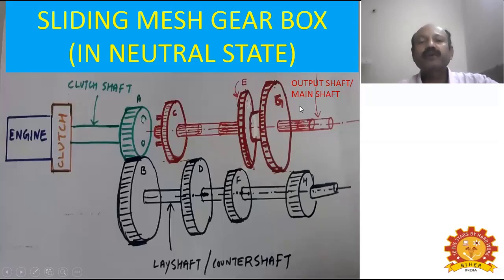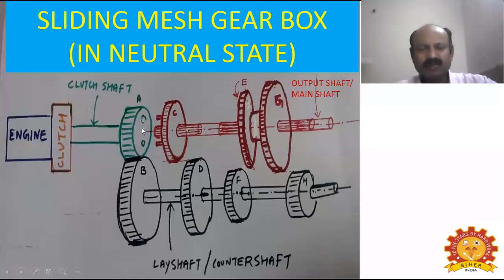The gear is internally connected with the main shaft using splined construction, so the main shaft is running at 1000 RPM only.